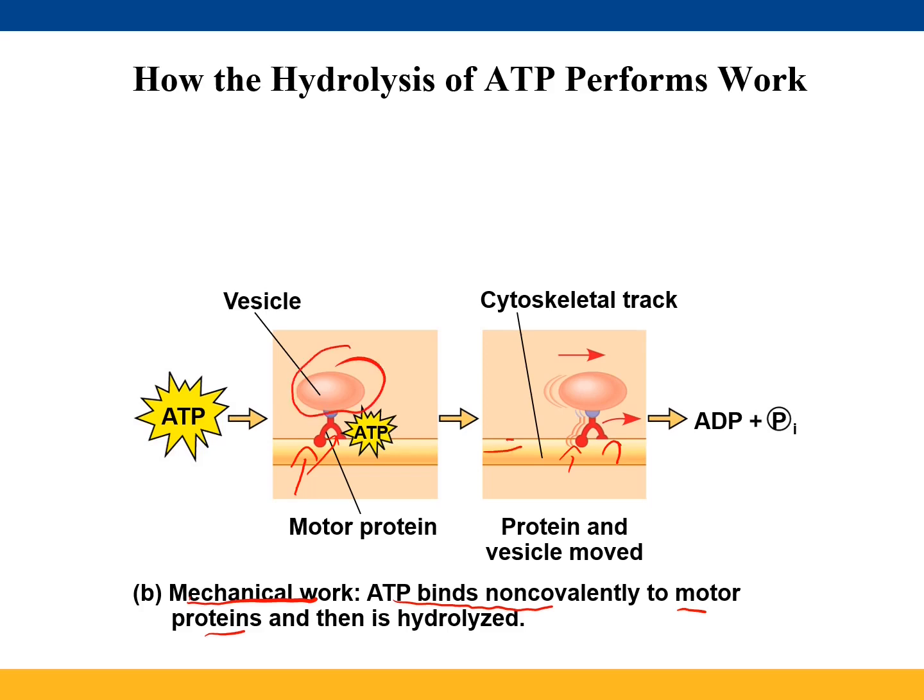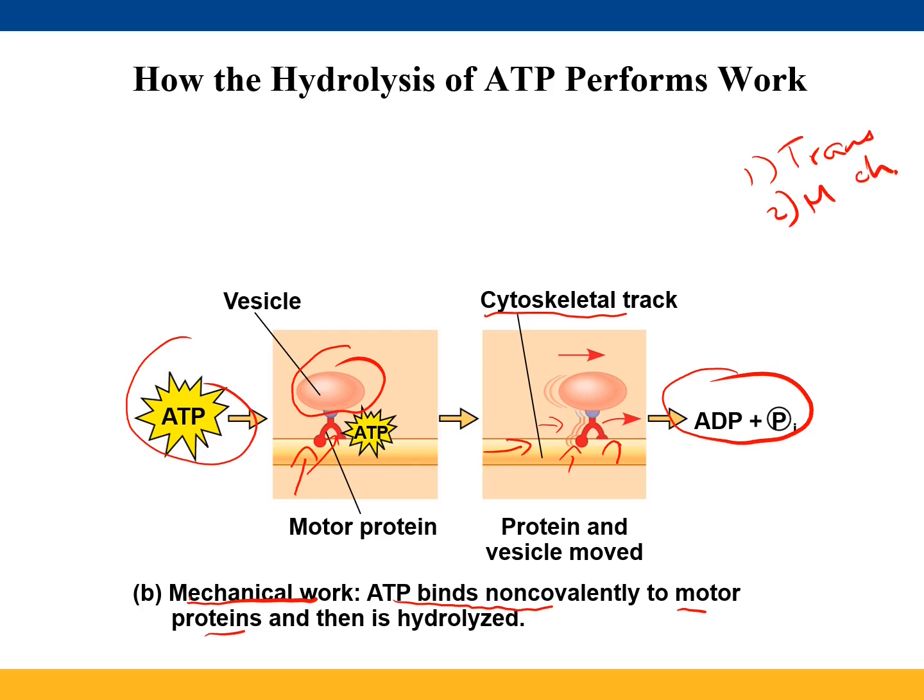And here you can have like a highway that is a cytoskeletal track. How do they do it? By using ATP, and as a result of this you will have ADP. So we talked about transport proteins, and the second example was mechanical work, and these are different ways in which the hydrolysis of ATP allows the cells to perform work.